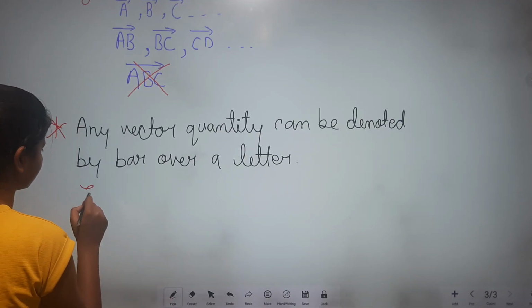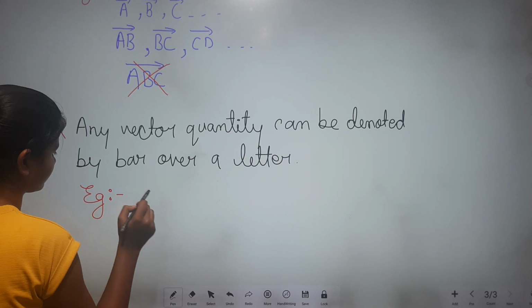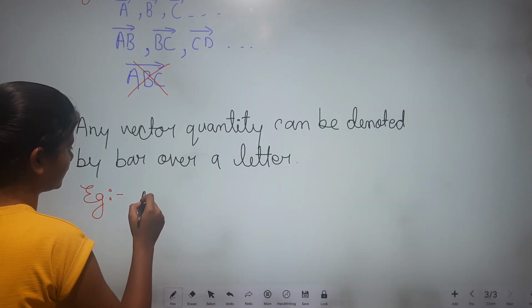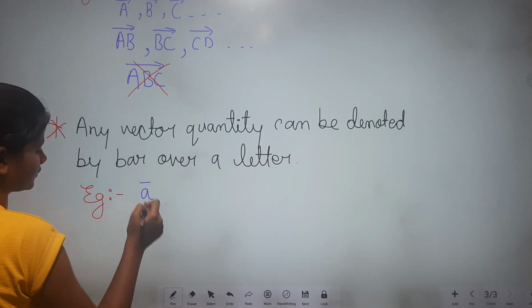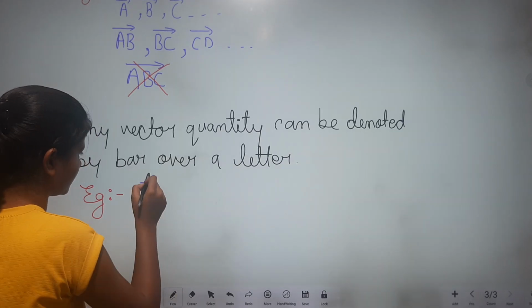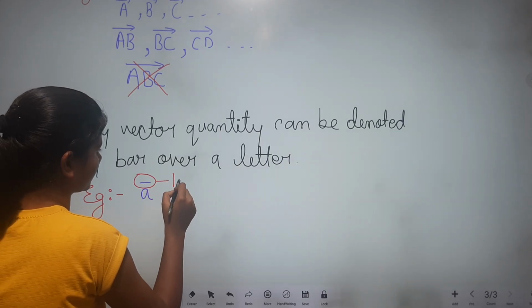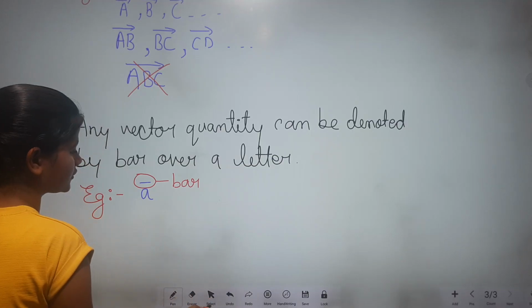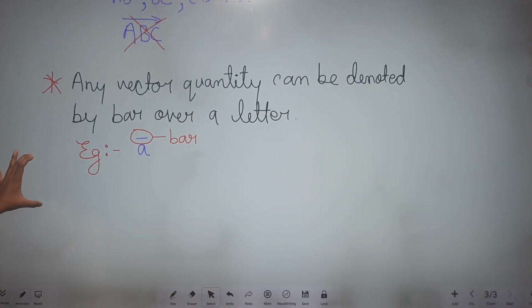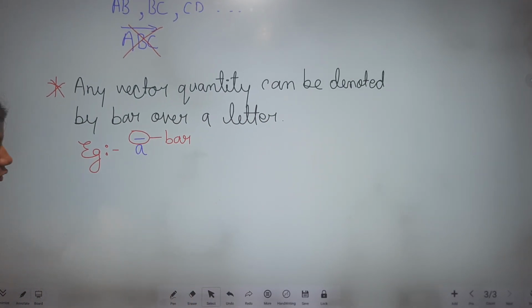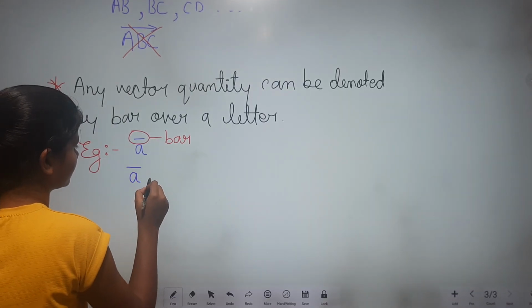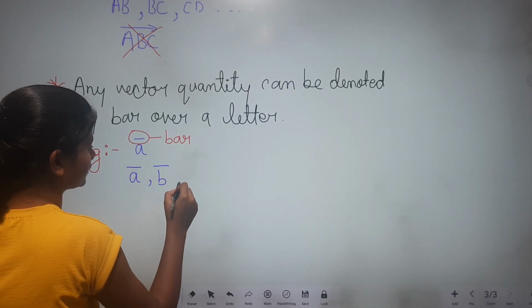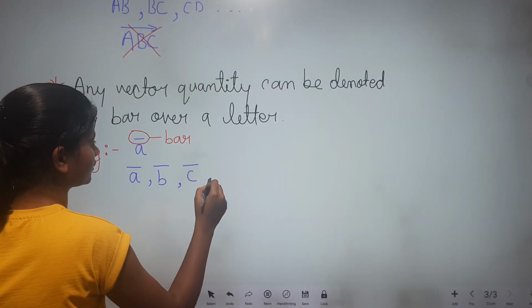Like, for example, A vector, okay. This one is our bar, okay. So any vector quantity can also be denoted by a bar over a letter, okay. A vector, B vector, C vector, and so on.